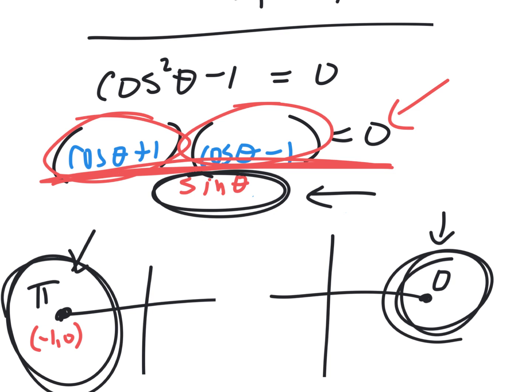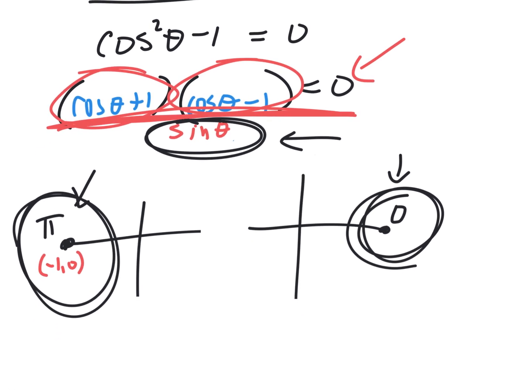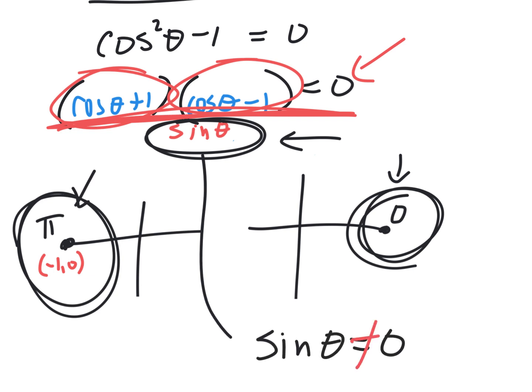Is there one of them that doesn't work, or both of them that don't work? Or do both 0 and pi happily still work? So what I'd do is figure out what makes sine theta equal to 0, and make sure that it's not allowed to be. It cannot be equal to 0. Talk to the kid next to you after you think about it a little bit. Which one or both of them do you think don't work?